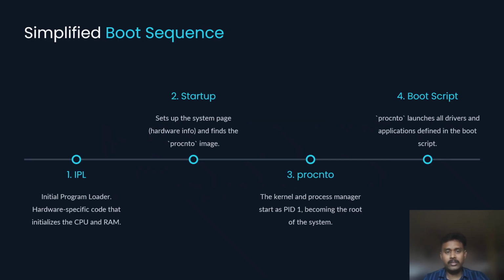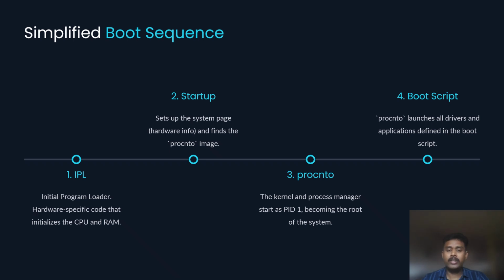So let's see the boot sequence. For the QNX Neutrino architecture, initially the program is loaded by the IPL, the initial program loader. Here hardware-specific code initializes the CPU and the RAM. The next stage is the startup stage.